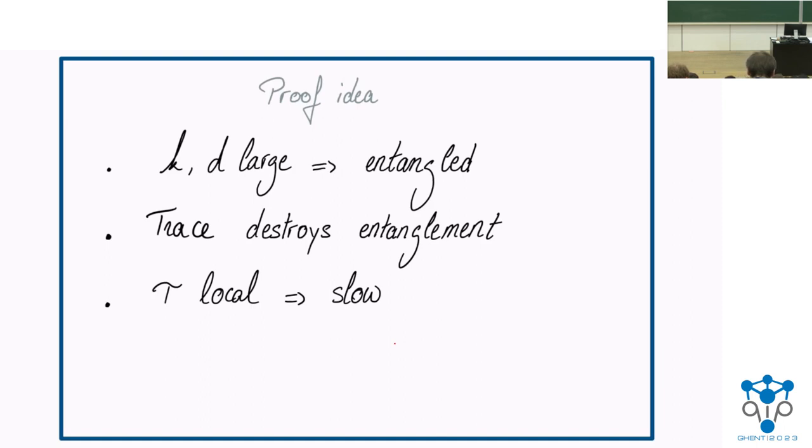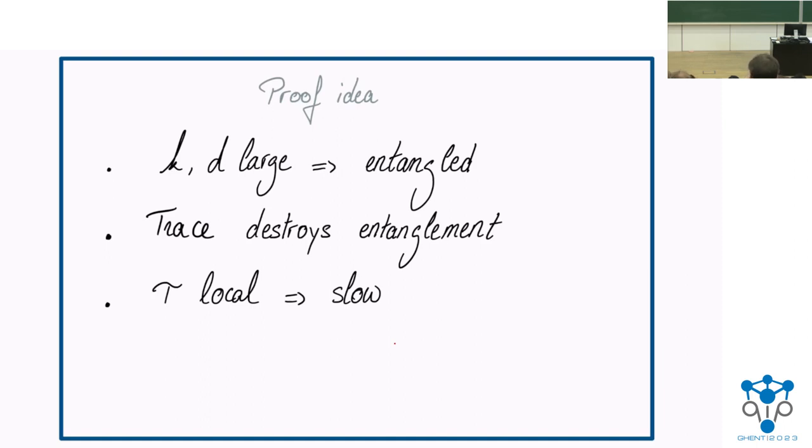The general idea is, I'm going to focus on K and D from now on, because they're just easier to talk about rather than talking about F. If K and D are large, the code states in your code are going to be entangled.